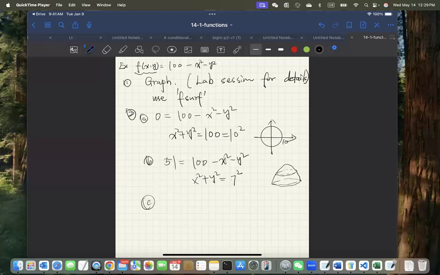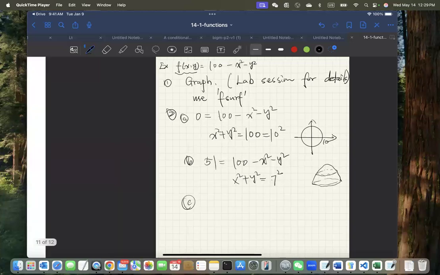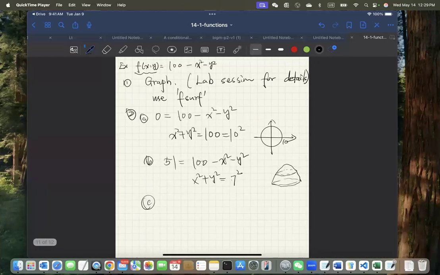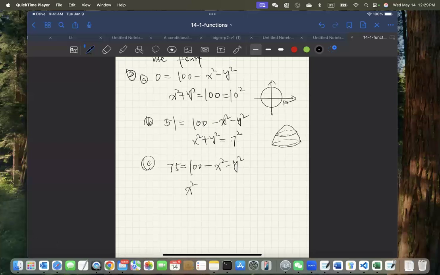And for C, this is 75. Again, we look at the 75 level and put it as the output variable. Then it gives me an even smaller circle, maybe somewhere here.